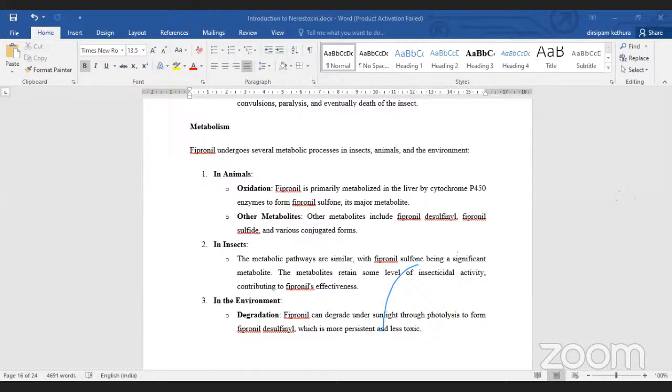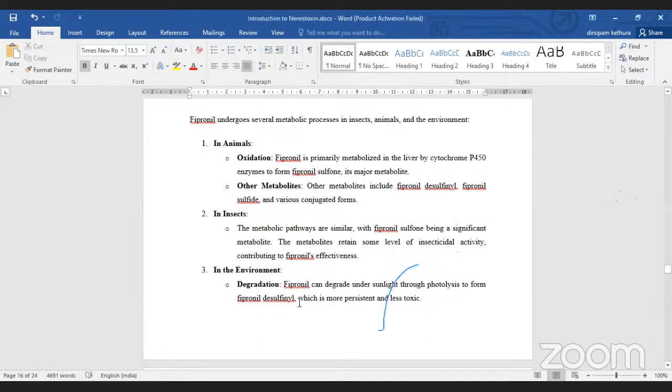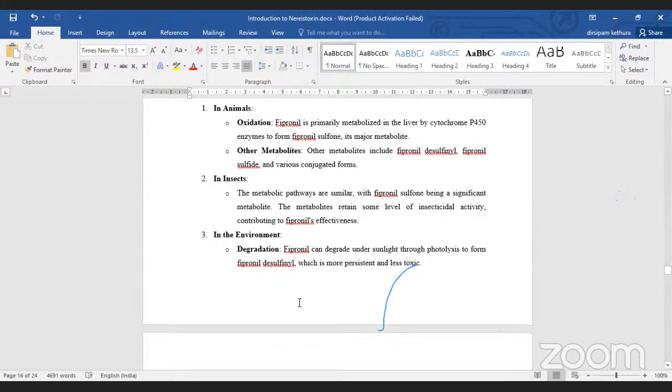And in animals, it is primarily metabolized in the liver by an enzyme called cytochrome P450 and forms fipronil sulfone, which is a major metabolite. There are other metabolites that include fipronil disulfinyl, fipronil sulfide, and various conjugated forms.